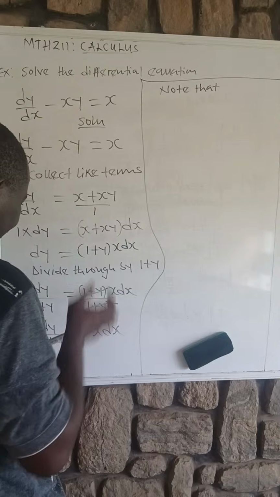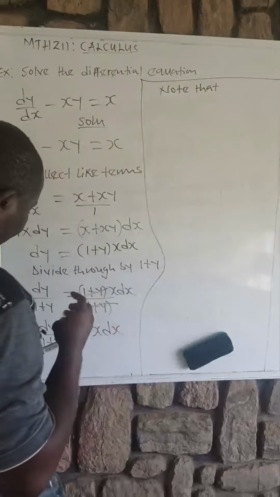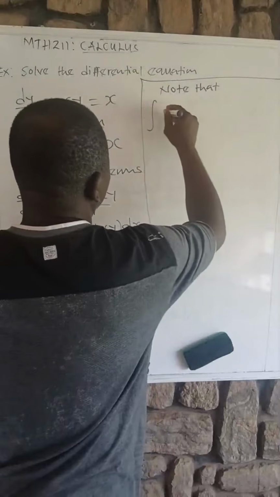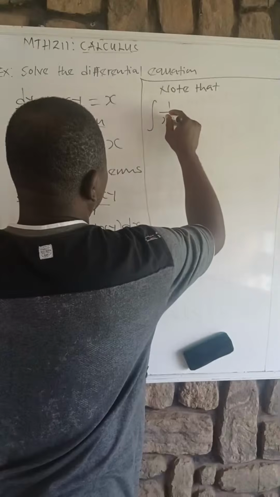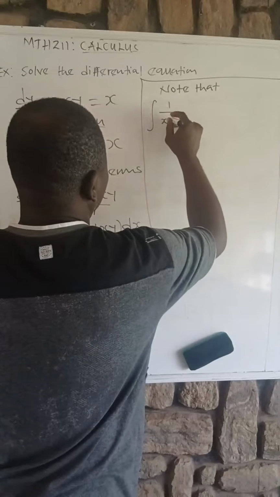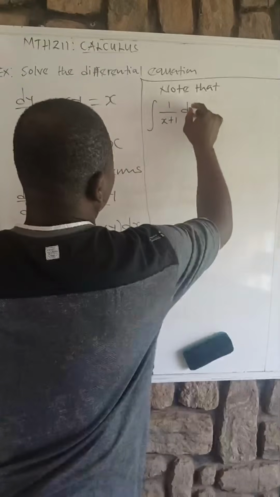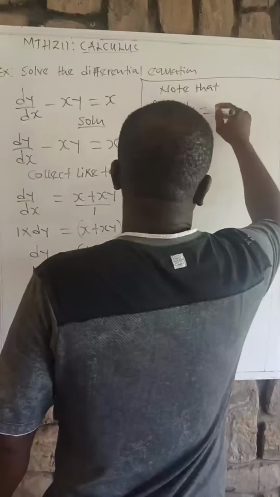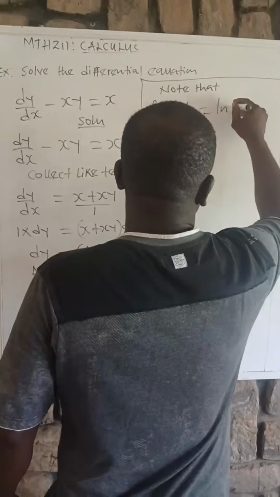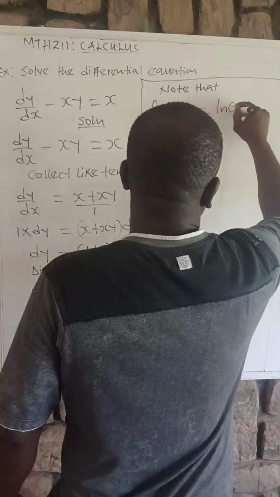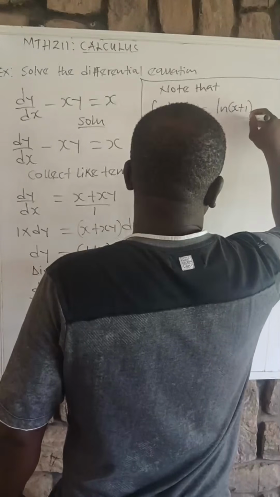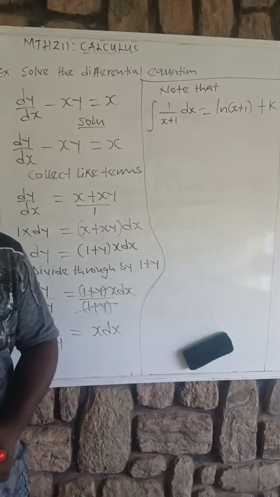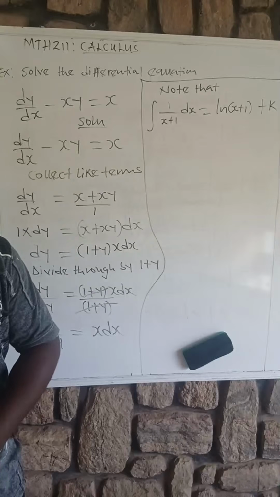Note that when you integrate 1 over x plus 1 dx, you are going to have ln x plus 1 plus any constant. Do you agree with me? Please take notes.